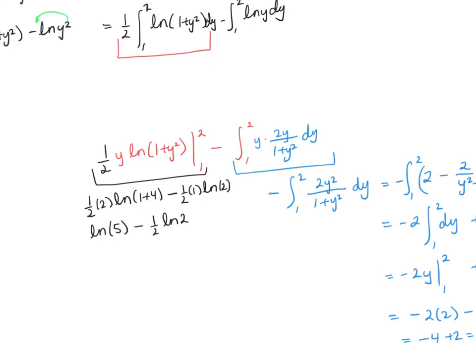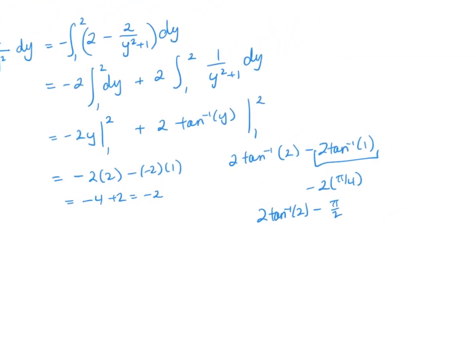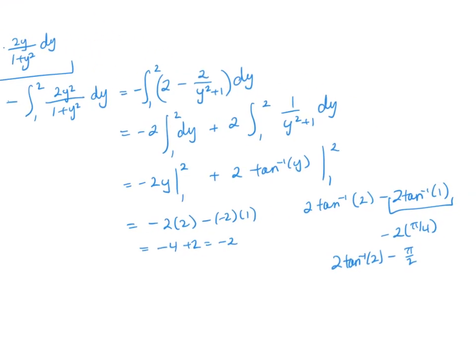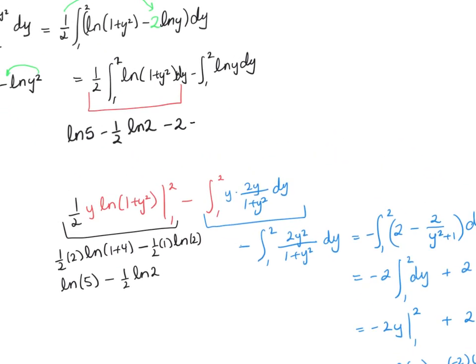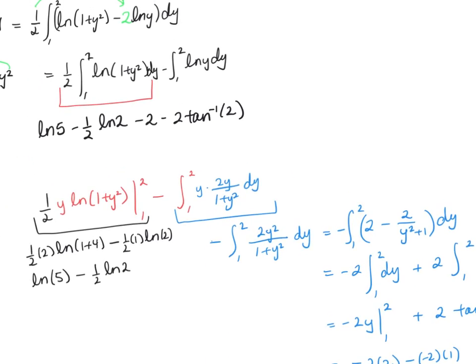So this first integration is going to be this: the natural log of 5 minus 1/2 the natural log of 2, minus 2, minus 2 times the tangent inverse, minus 1/2. That's just that one.